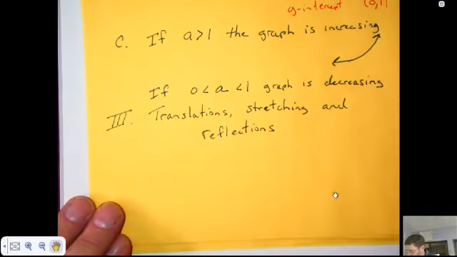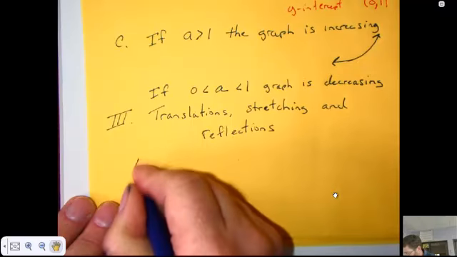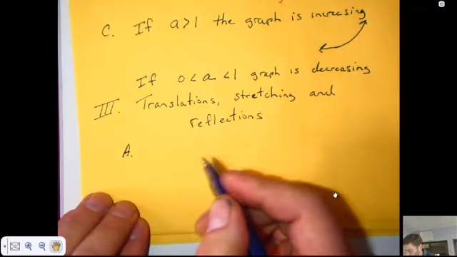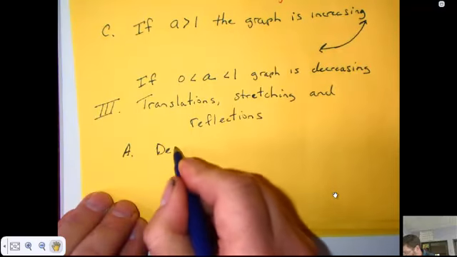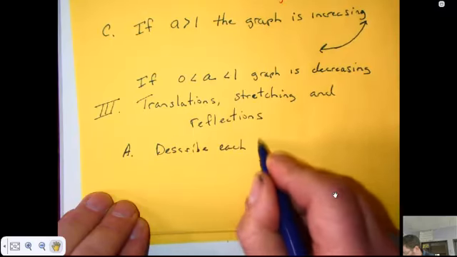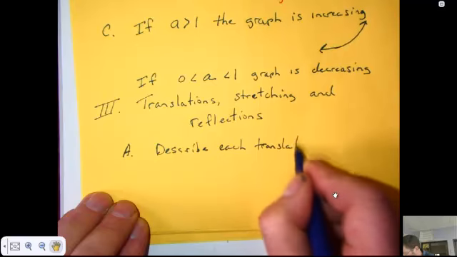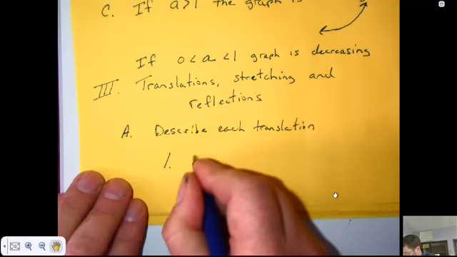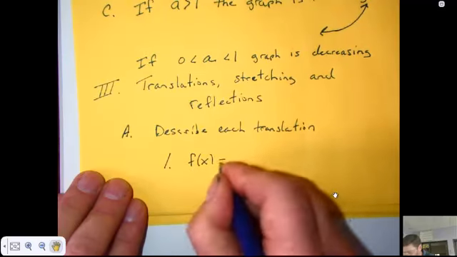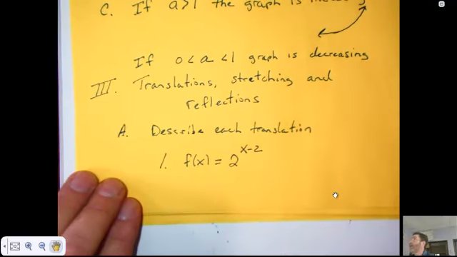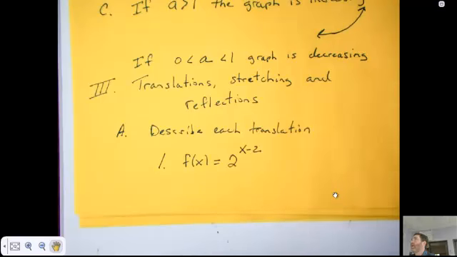Okay, let's just describe some. Describe each translation. First one, 2 to the x minus 2 power.